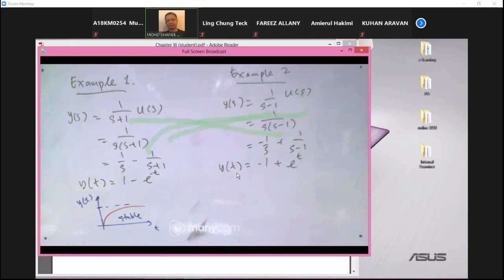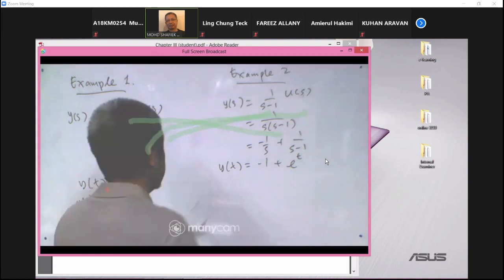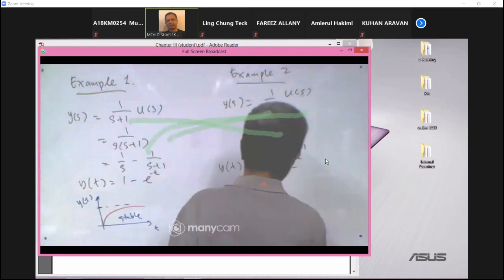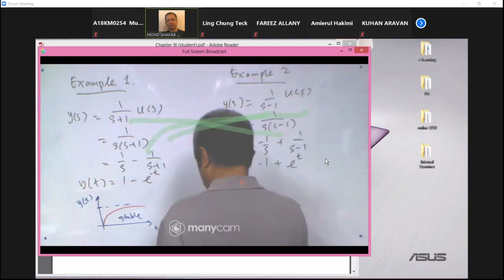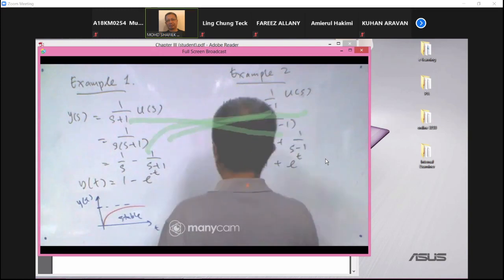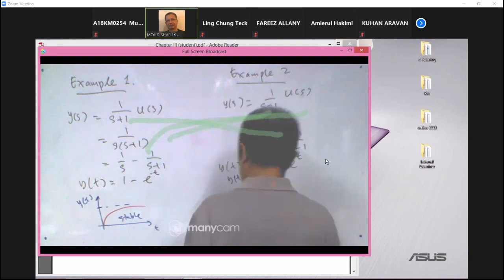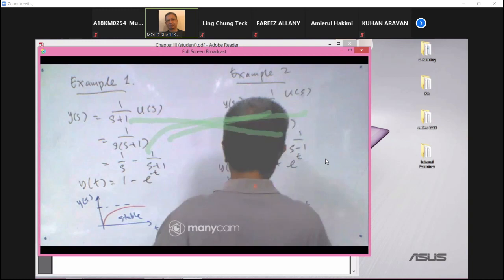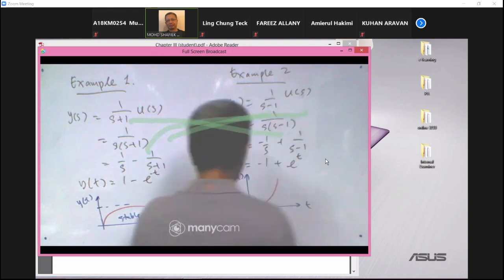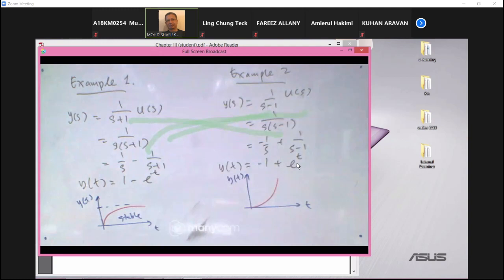So you start at 0, and then if you draw the response, you can see that because this is e raised to the power of positive t, as t approaches infinity, it is going to be infinitely large compared to -1. So it's going to increase. This is what we mean by an unstable system.